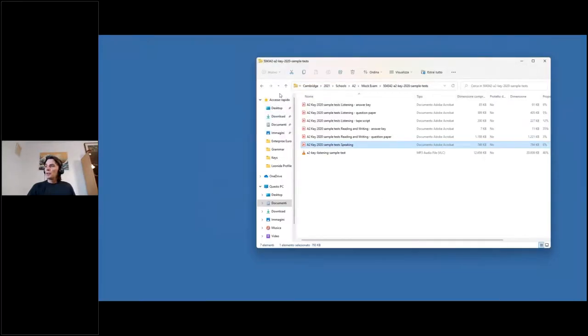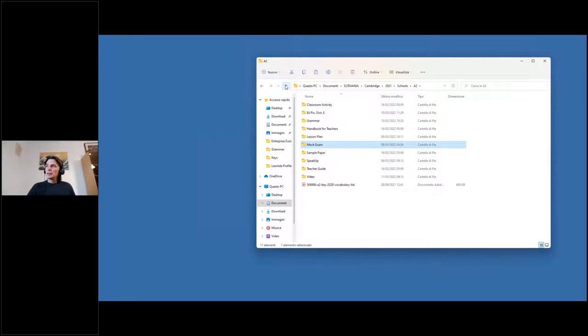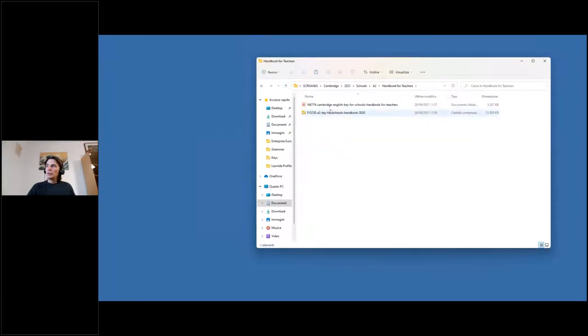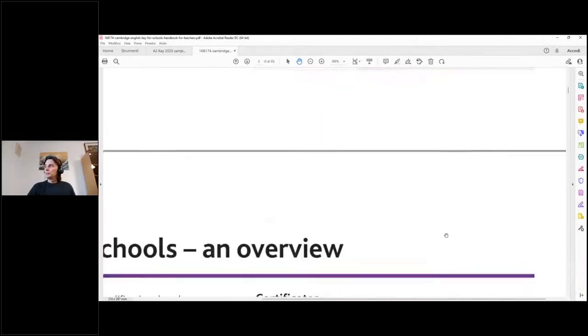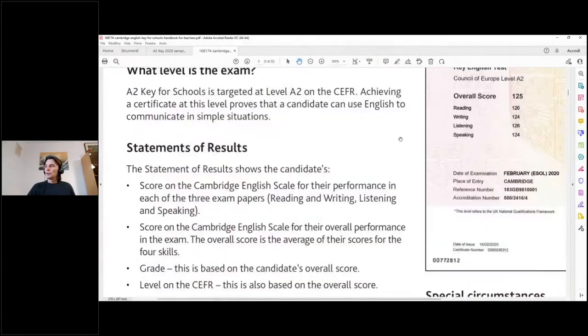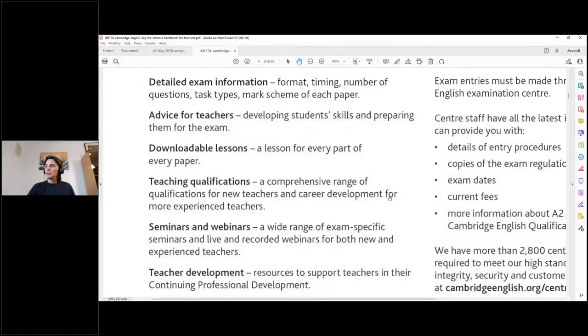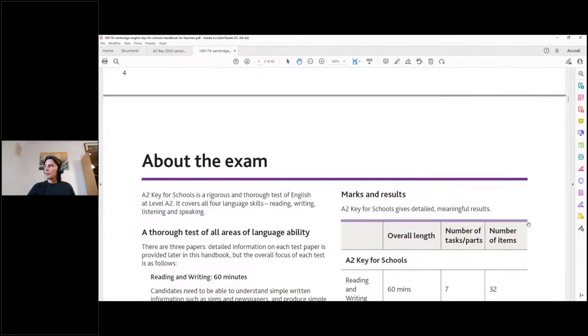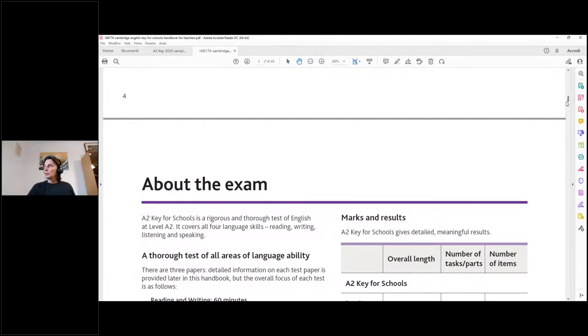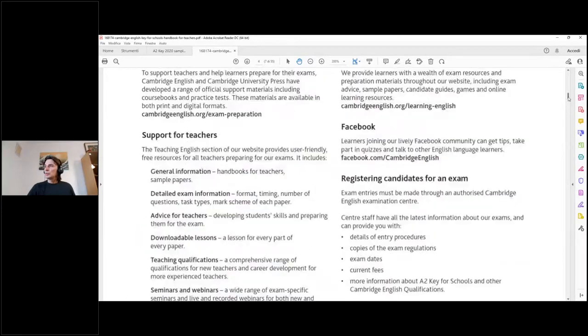Remember, if we look at the handbook for teachers, we do have a section for the speaking assessment, for the speaking exam. What is the index? Did I pass it? Let me check.